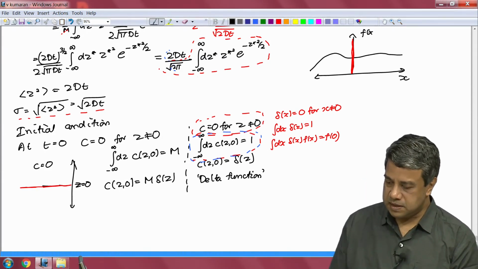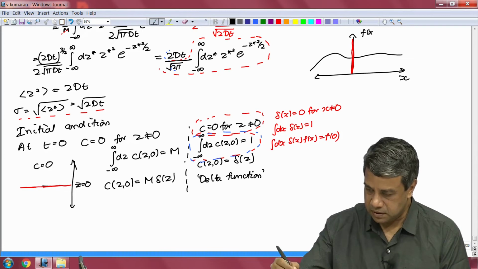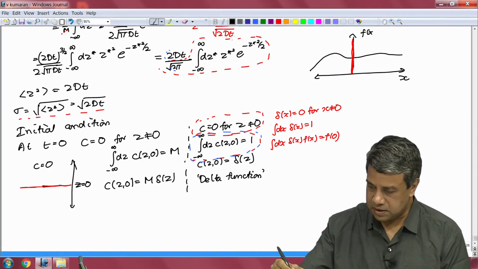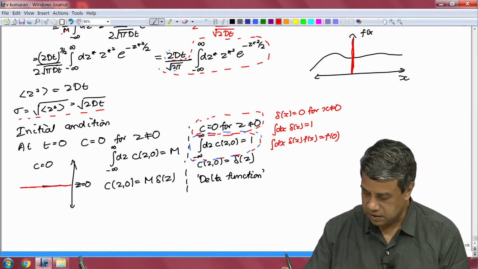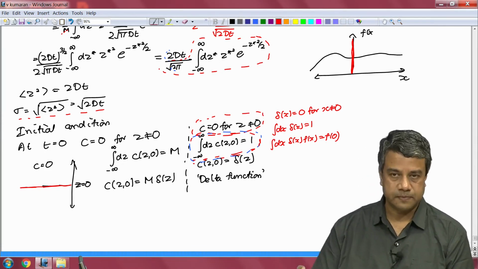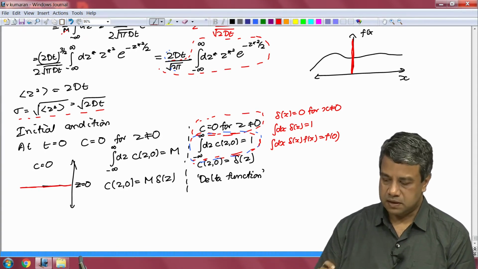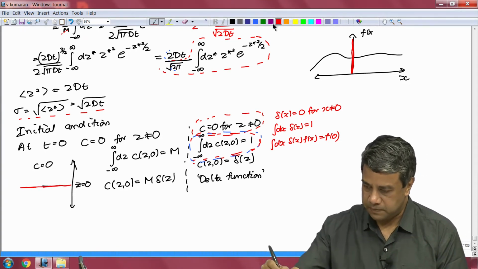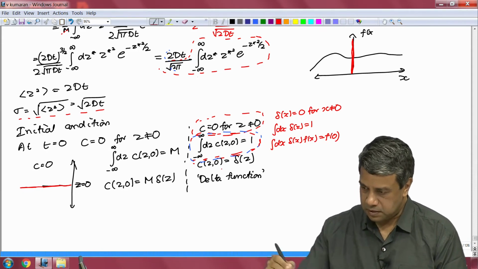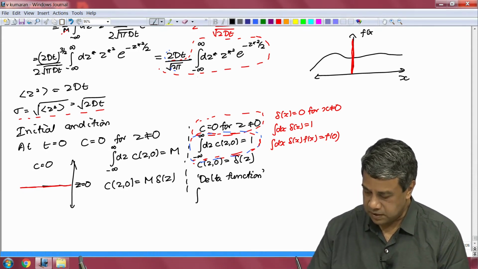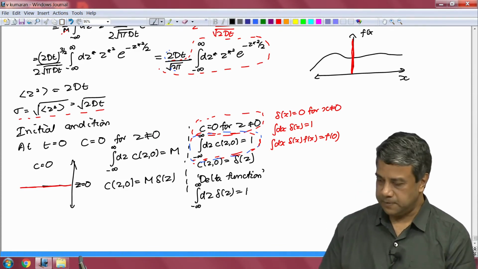Note this normalization condition for the delta function: the integral of dz times delta of z is equal to 1.